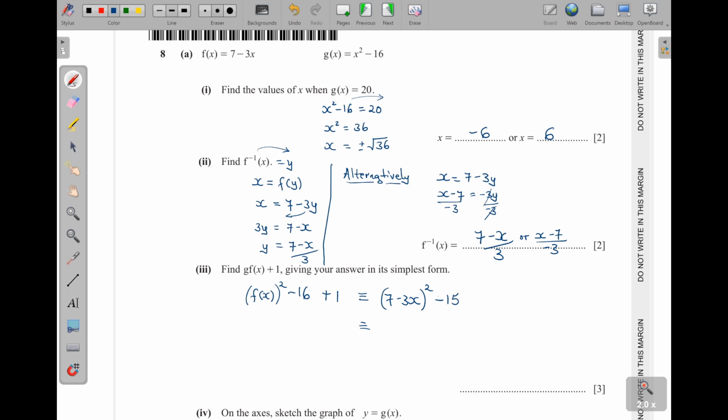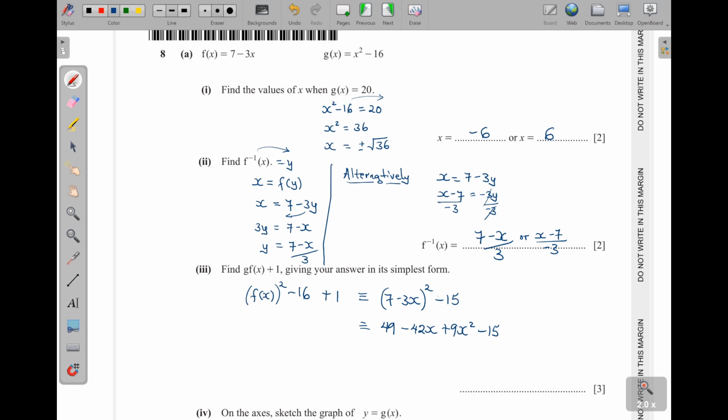Now this one, you square the 7. That one will give us 49. Then minus 2 times 7 times 3, that is 42 of x. And then you square 3x. You will get 9x squared. Then there is this minus 15.